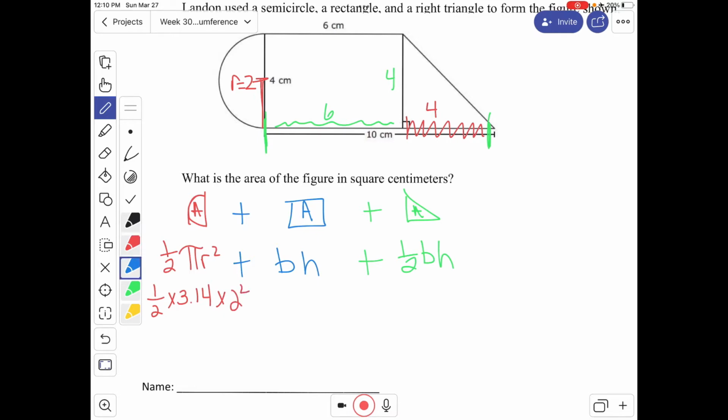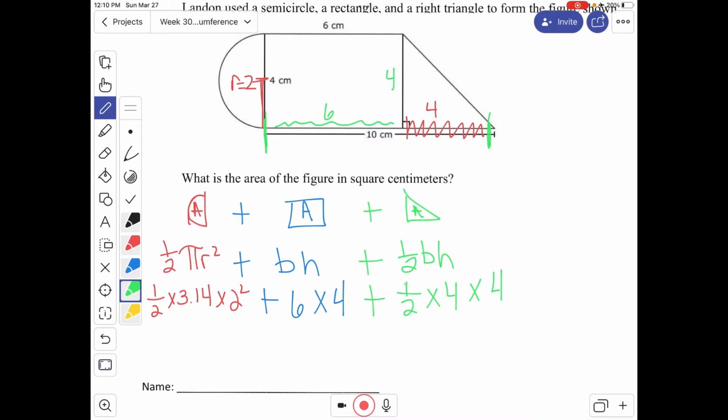So this will be 2 squared. Plus the base of the rectangle is 6, and the height is 4. Plus the triangle, 1/2, times the base of the triangle is 4, and the height of the triangle is also 4.